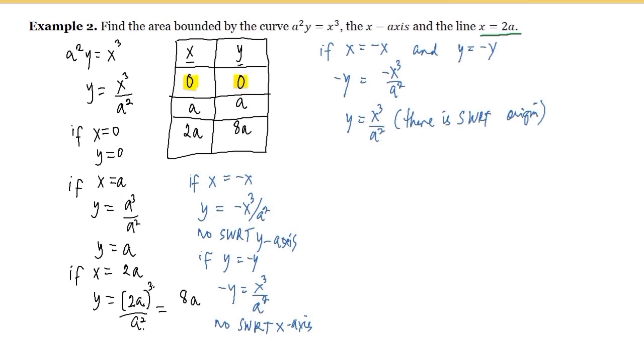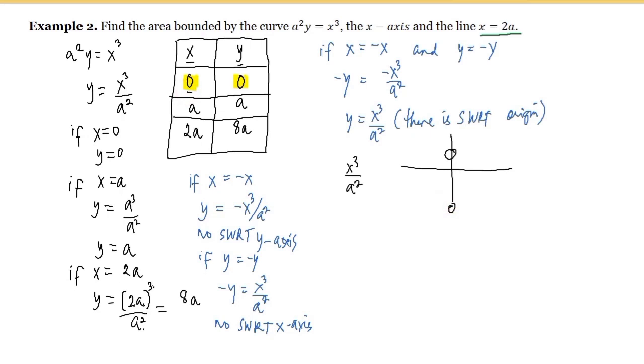So, what about kung titingnan naman natin yung behavior ng curve with respect to the region? So, if we have the x cubed over a square, then saan magsisimula yung curve natin? Our curve would start at 0, 0. As we can see here, if x is equal to 0, then our y is equal to 0.